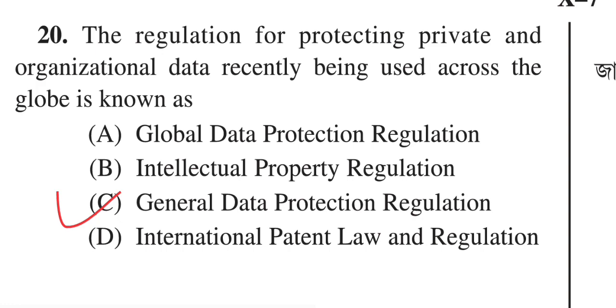In that way, our data is utterly vulnerable, and to prevent that kind of vulnerability, the government of India has brought a data privacy bill, and whether it was passed or not, I have no idea about it.